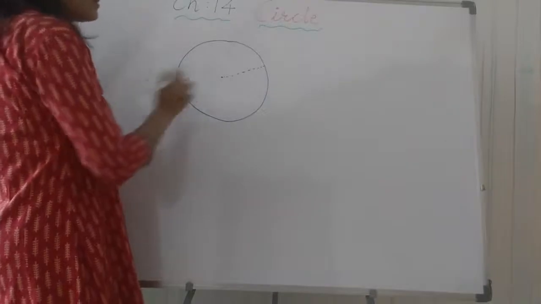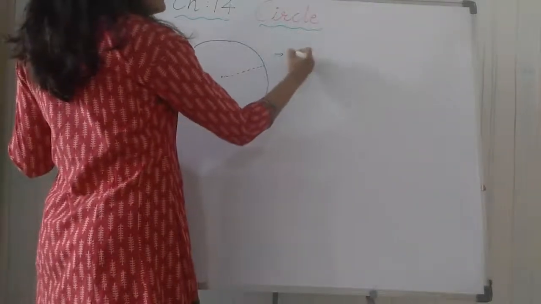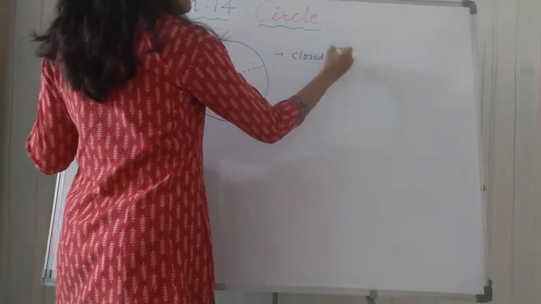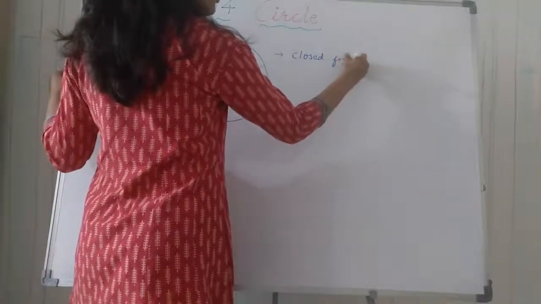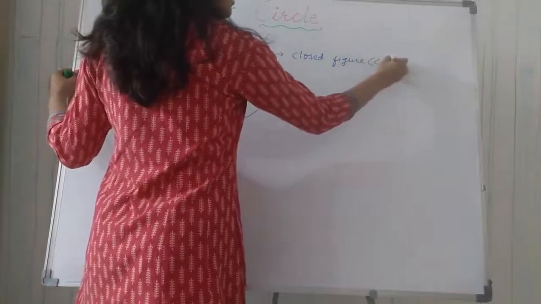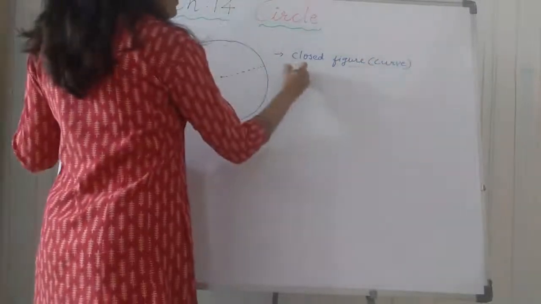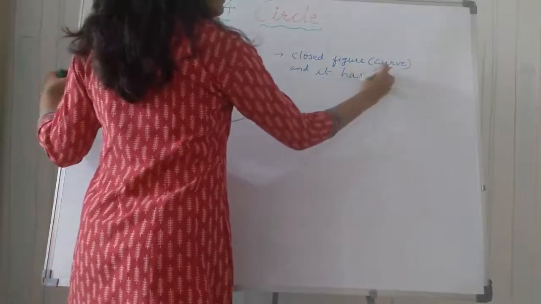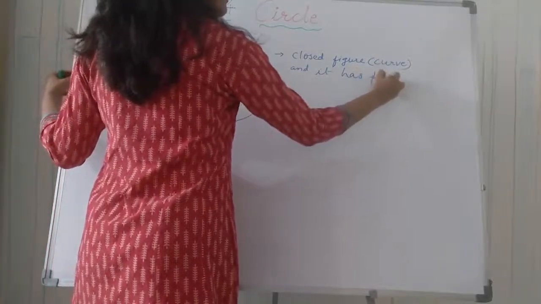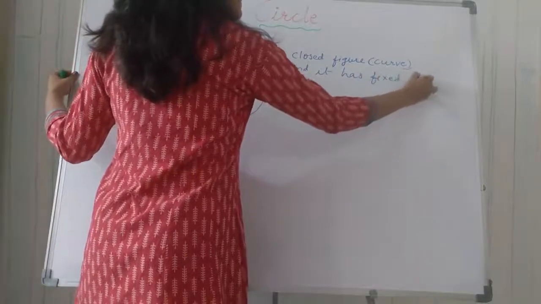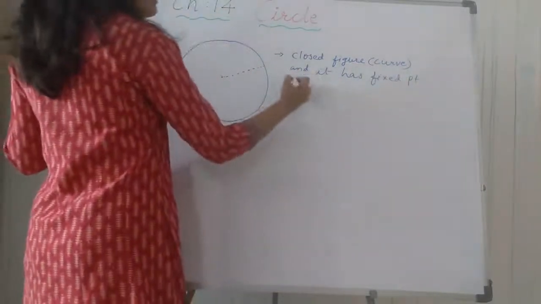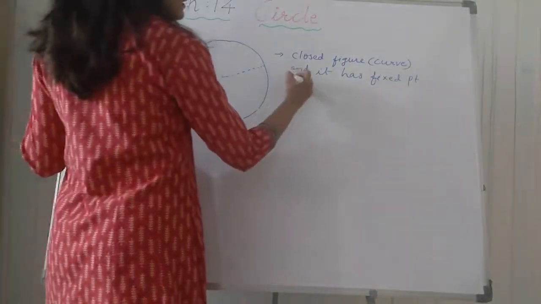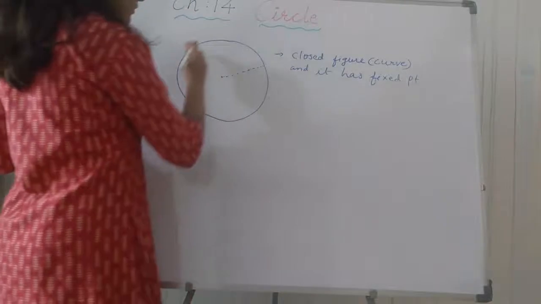So I am writing here, a circle is defined as a closed figure, or you can say a closed curve, and it has a fixed point. From that point, the set, or you can say the group, of points lies in a specific manner.